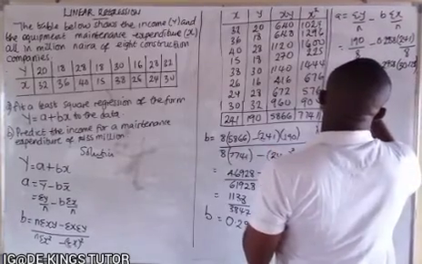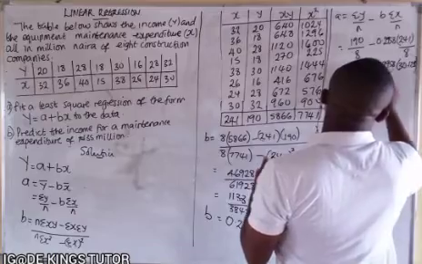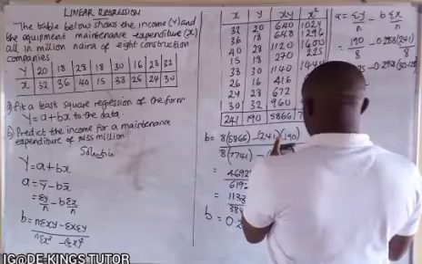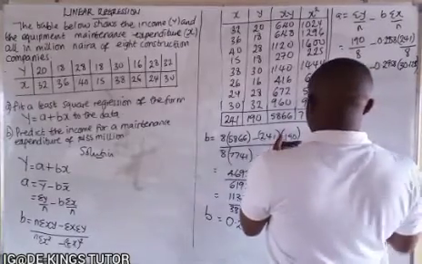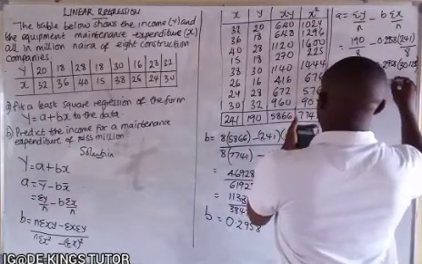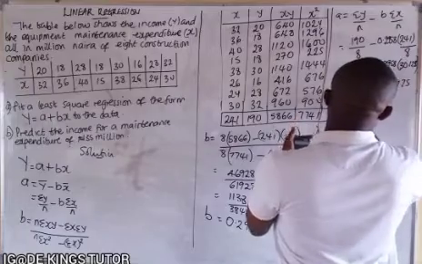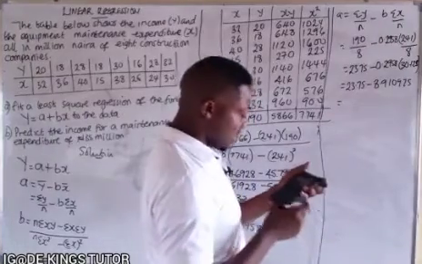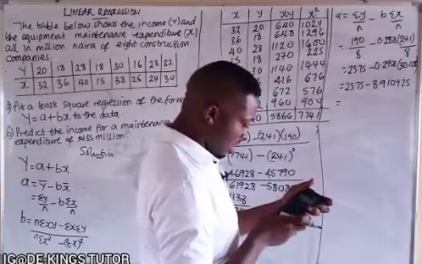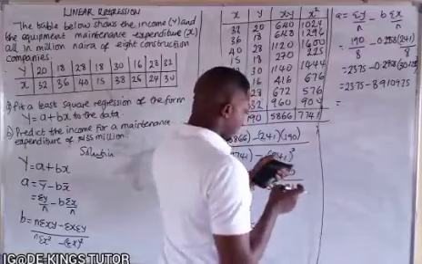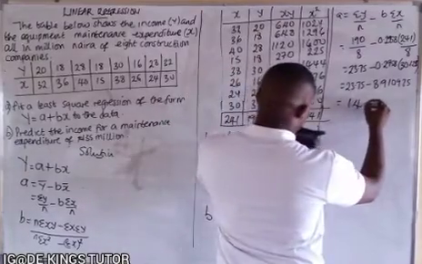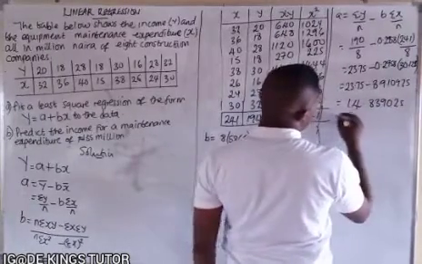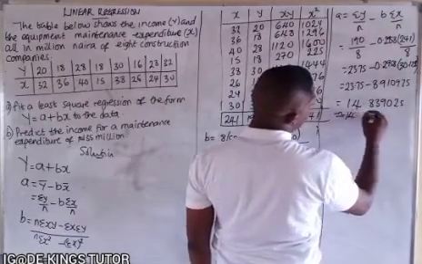Okay, so we now have 23.75 minus 0.2958 times 30.125, which is 8.910975. So 23.75 minus 8.910975 will give us 14.839025, which can be approximately 14.8.